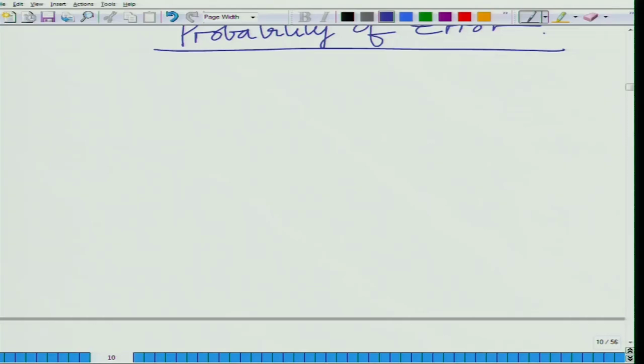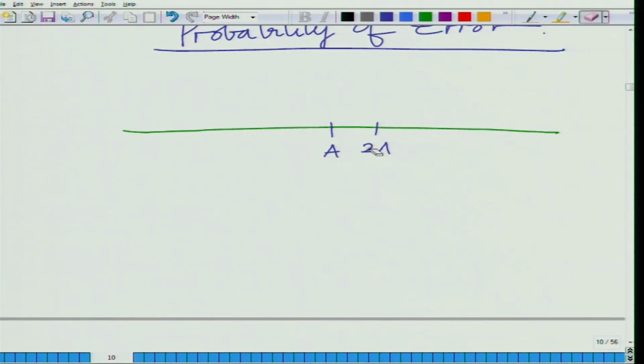So, first of course, we have to come to the decision rule. Let us talk a little bit about the decision rule. Now, we have the levels A. For instance, let us again consider our M equal to 8 case, because that is simple to handle.